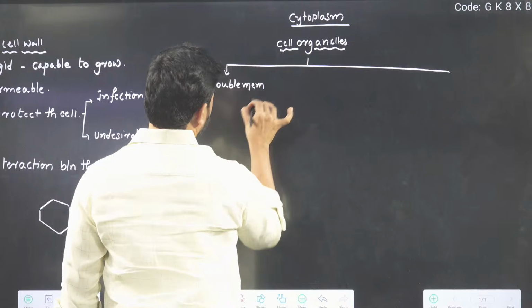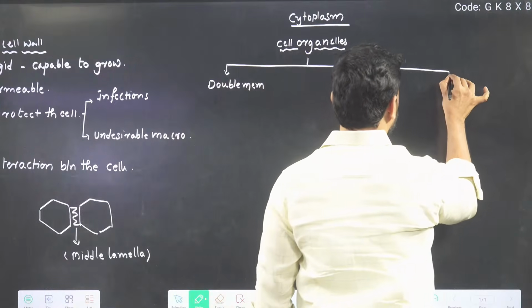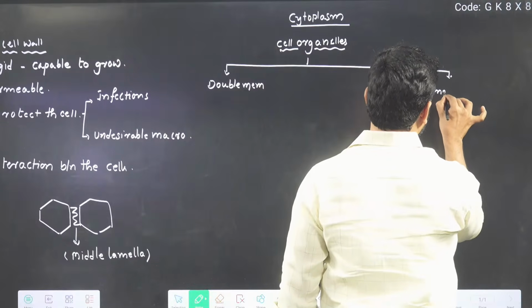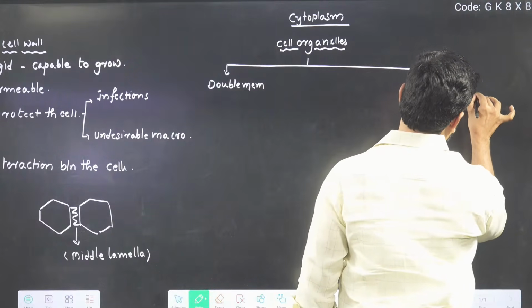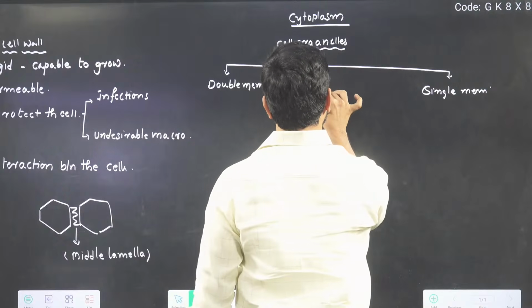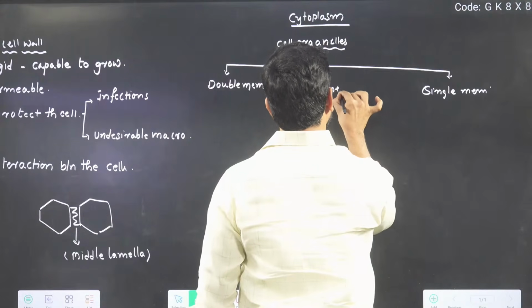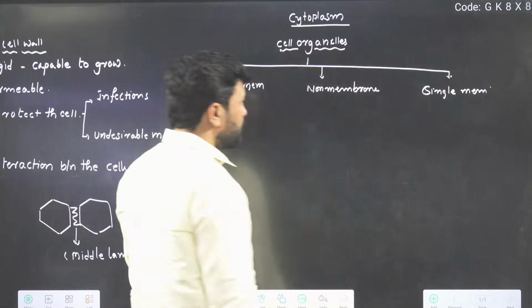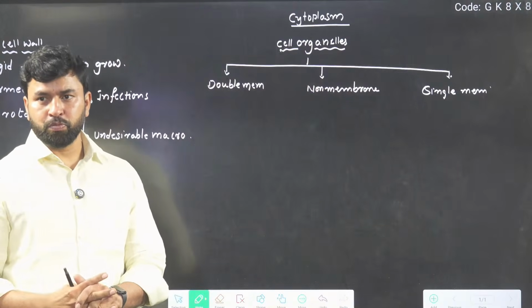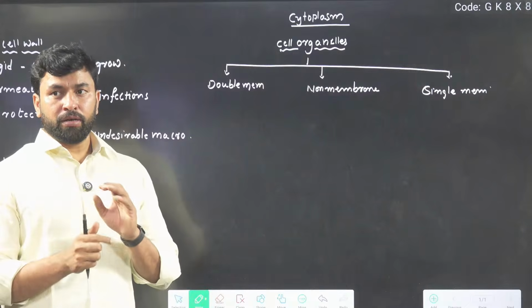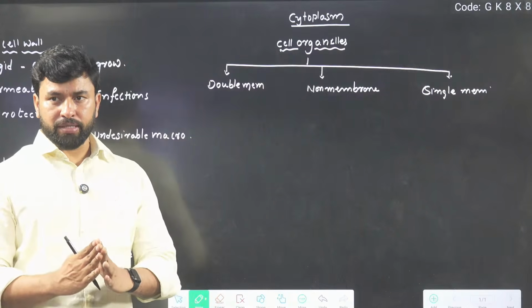Some organelles are single membranous. And some are non-membranous. Among them, the major part is single membranous. Non-membranous are fewer in number. Double membranous are also fewer in number.